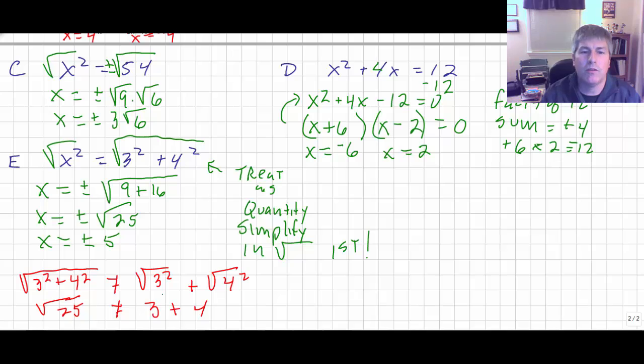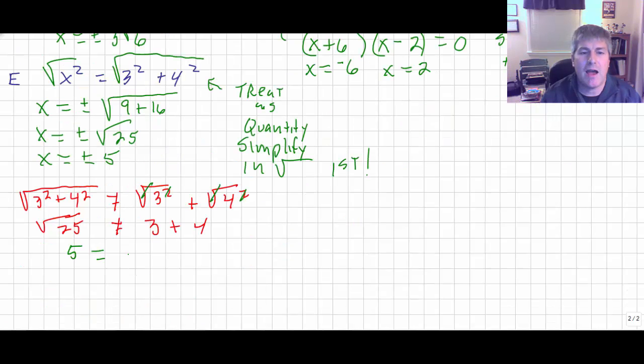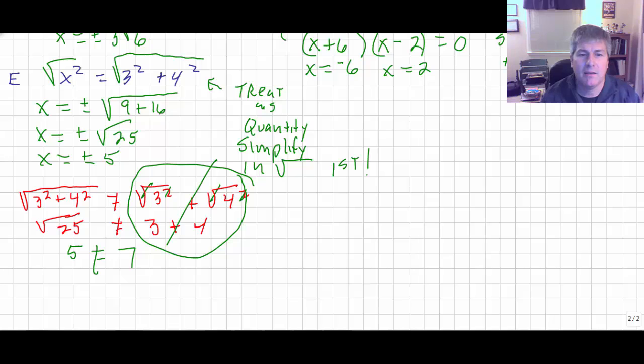Because when we square root these individually, the square root and the square are inverse operations. They cancel each other out. And we get 3 plus 4, and we get 5 equals 7. Well, we know that's not true. So we can see here that this method is not correct. We can't split those into their own separate square roots when we're adding. We can do it when we're multiplying, as we saw earlier, but not when we're adding and not when we're subtracting.